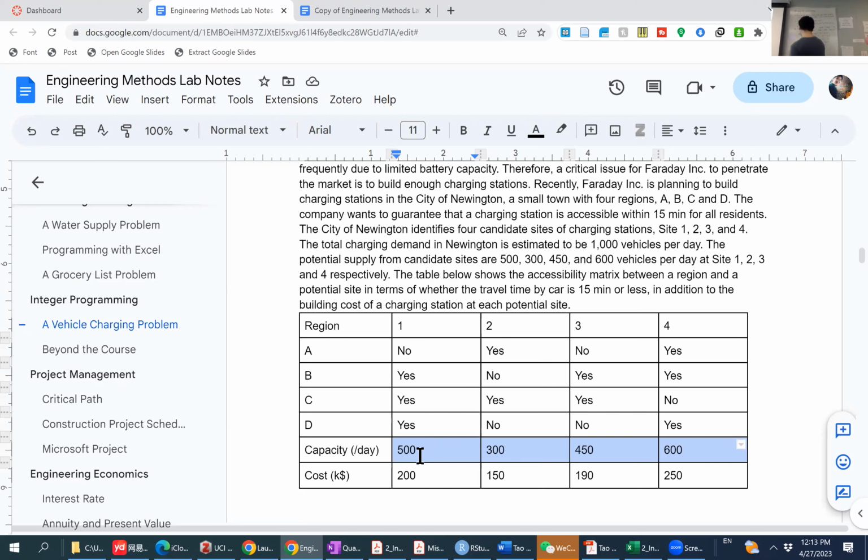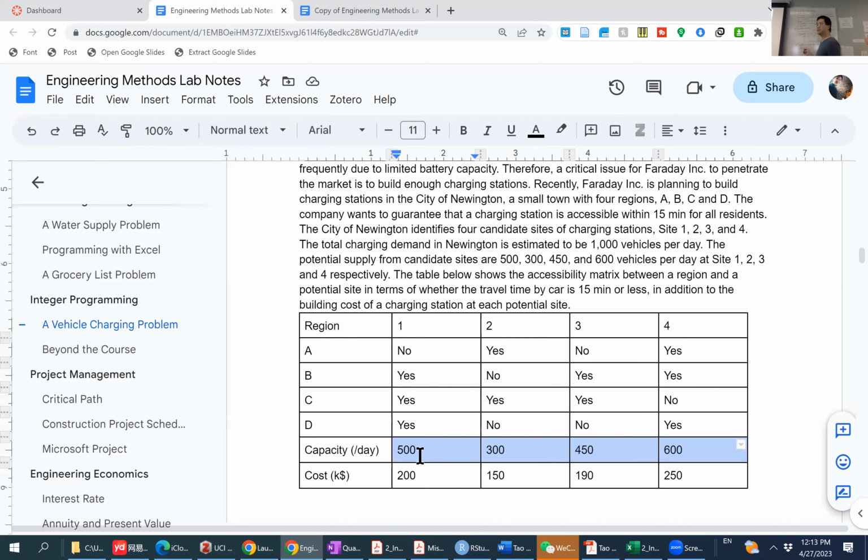If site A can contribute up to 500 cars serviced per day, we times 500 and x1. So if x1 equals 1, then it represents we do have a station at site A. So it adds another 500 of capacity in the total capacity.